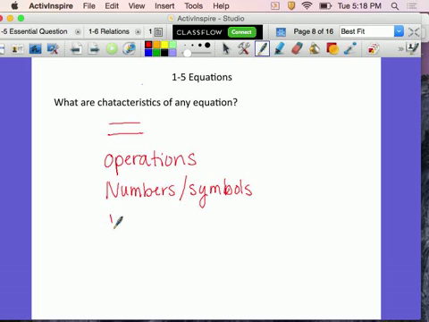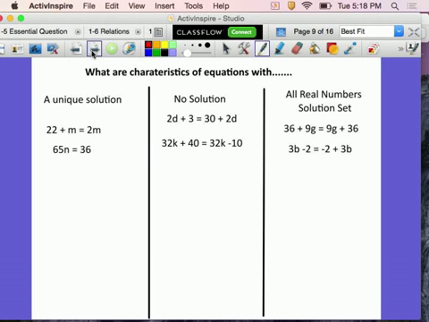And they have variables very often. Now this is not the definition of a variable, these are characteristics of equations. We're going to focus on boiling down the characteristics of different types of equations so that you can recognize how they're going to work out ahead of time, thinking forward instead of just working out a problem.